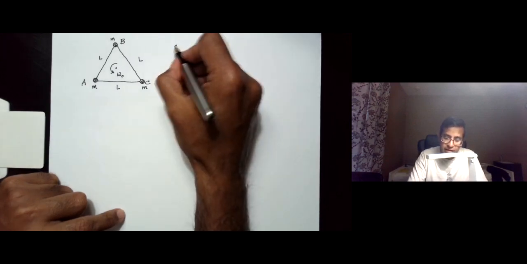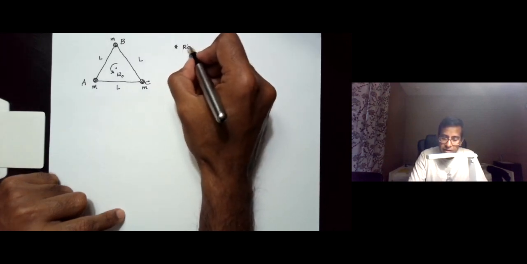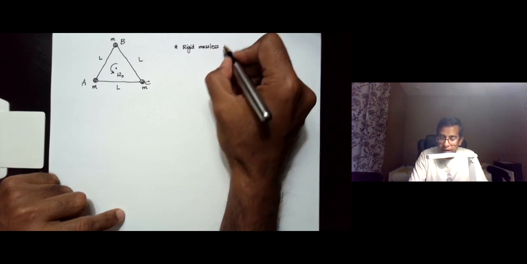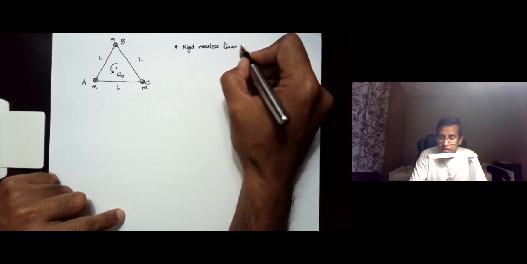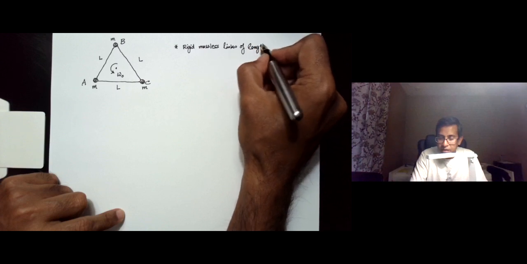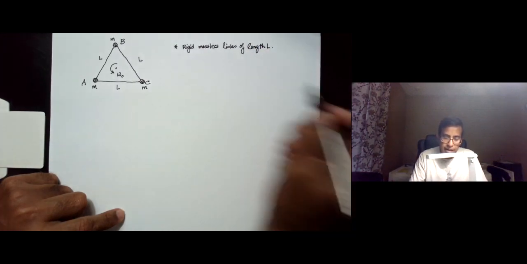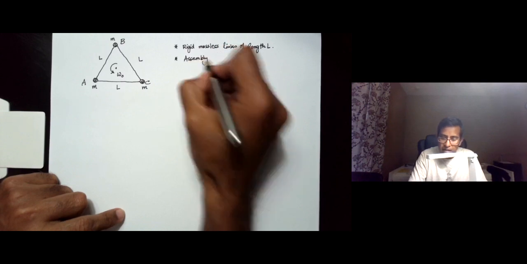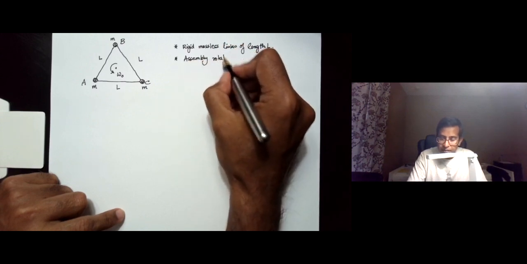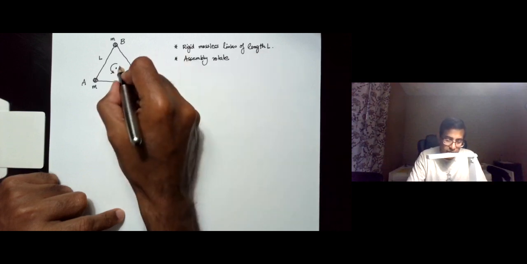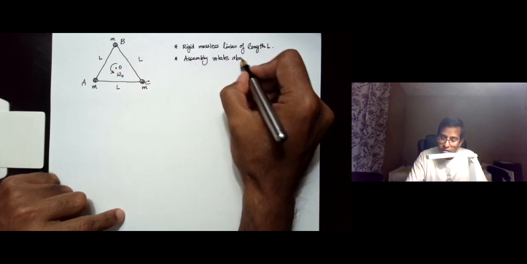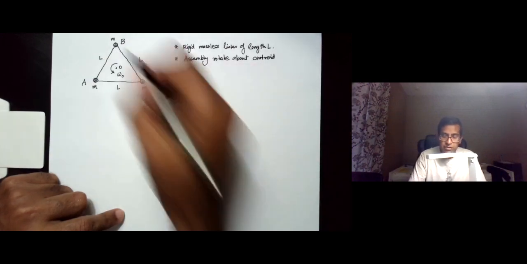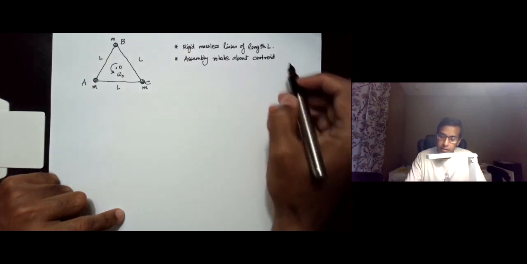Right, so let's say that these are rigid massless links of length L. Assembly rotates about the centroid, which by the way is also the center of mass of the three particles.